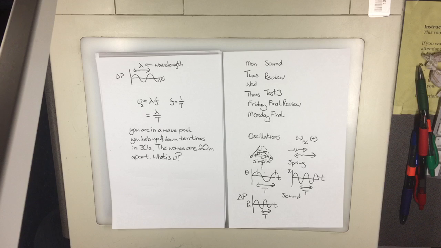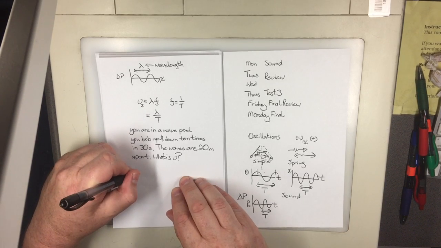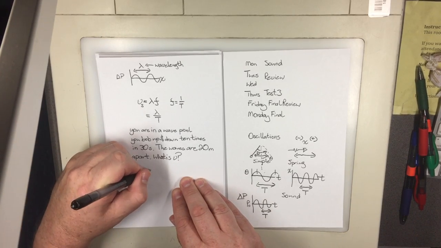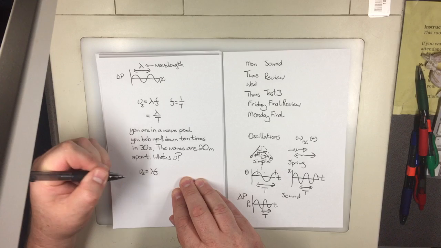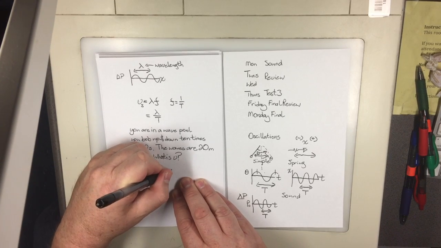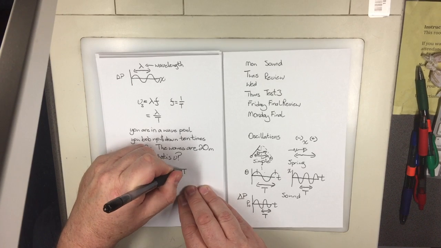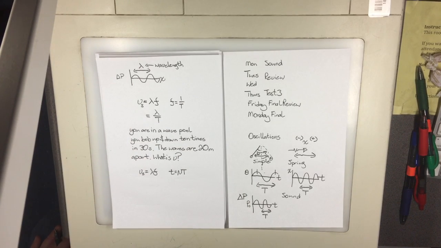So we have a couple of equations that we need to use. One is that v sub s is equal to lambda f, and that the total time is the number of oscillations times its period. Now we could rearrange this in all sorts of ways.